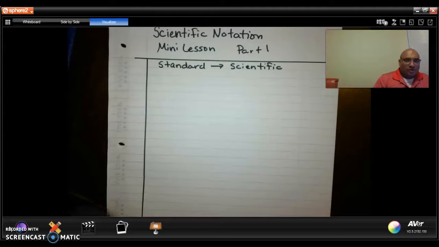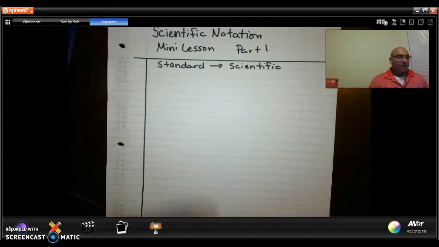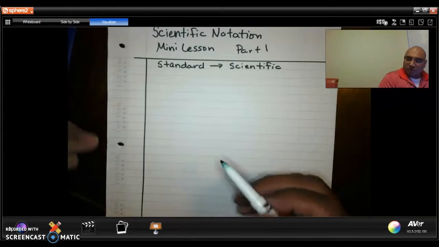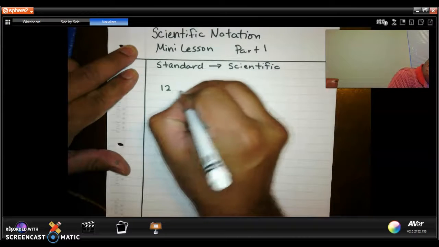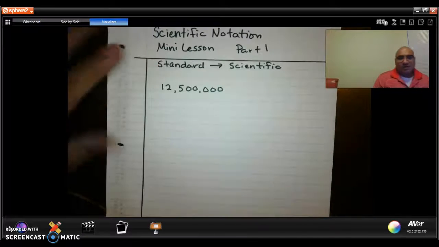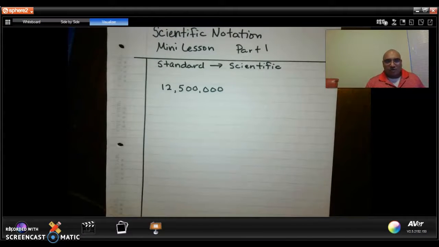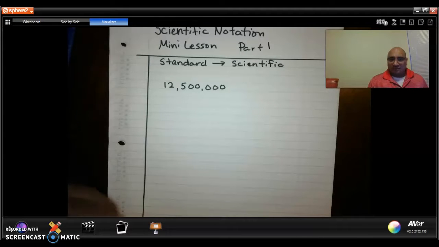Okay, so when I talk about standard to scientific, standard form is just going to be any regular number, a really long number. So for instance, if I had the number 12,500,000, it's going to look like this. Now, it looks small right now, but when you're making reports and your numbers get bigger, for instance, in the math industry, in the health industry, in the science industry, you're not going to want to write these numbers all the time that long, which is why they created scientific notation.